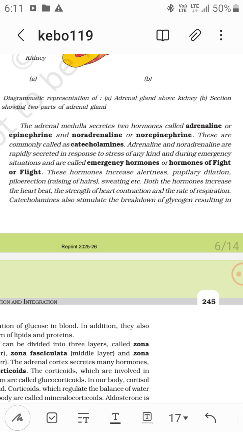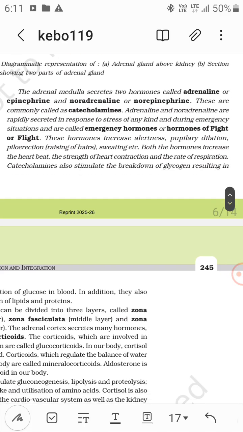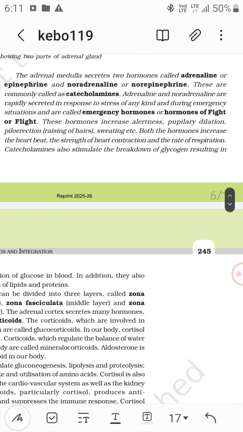So adrenaline and noradrenaline are released in response to stress. These hormones increase alertness, pupillary dilation, piloerection, that is the raising of hairs, and sweating.